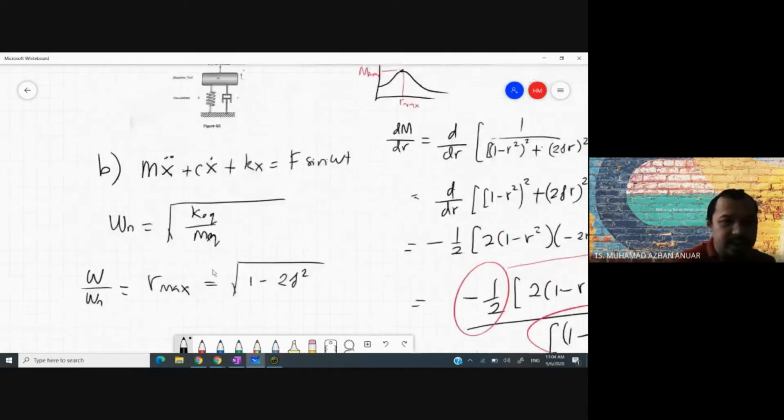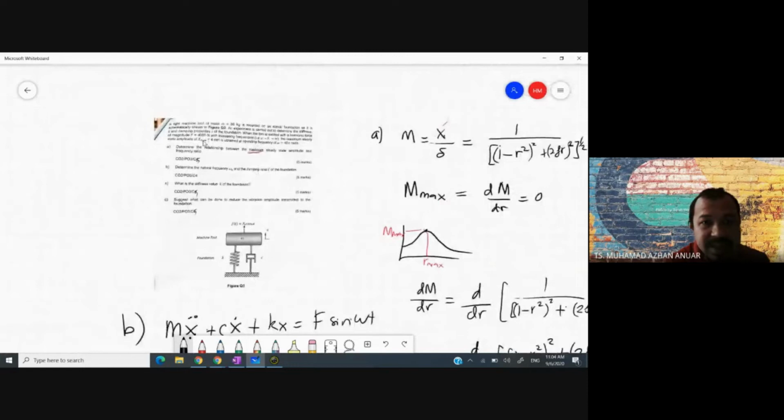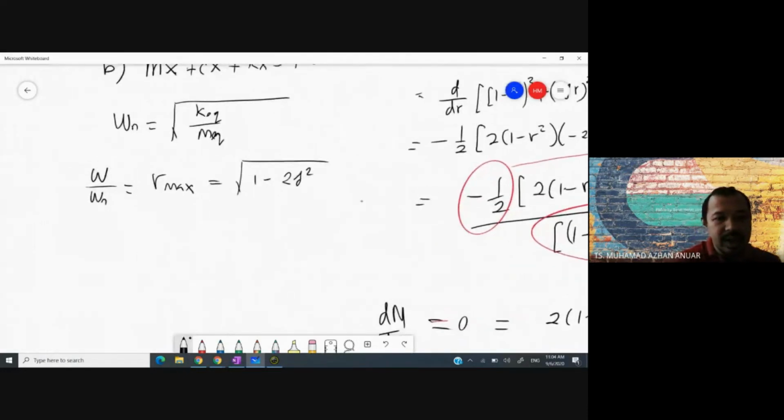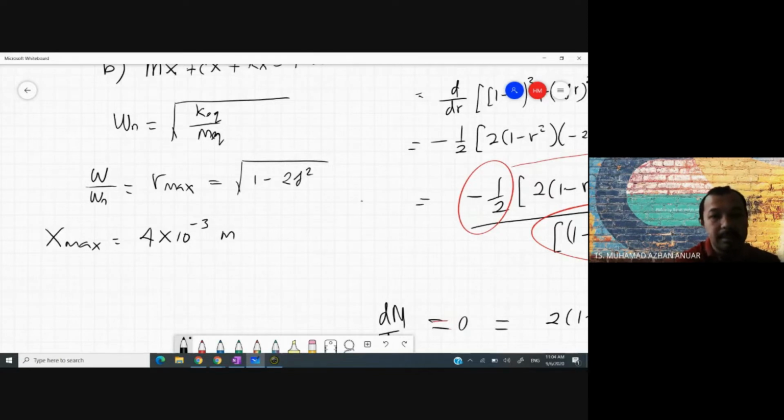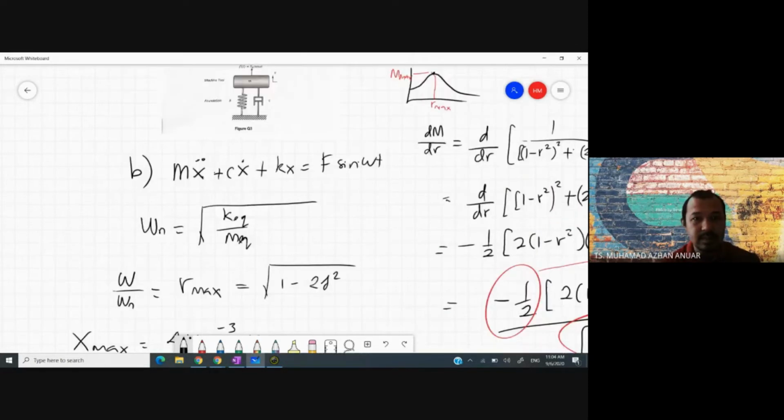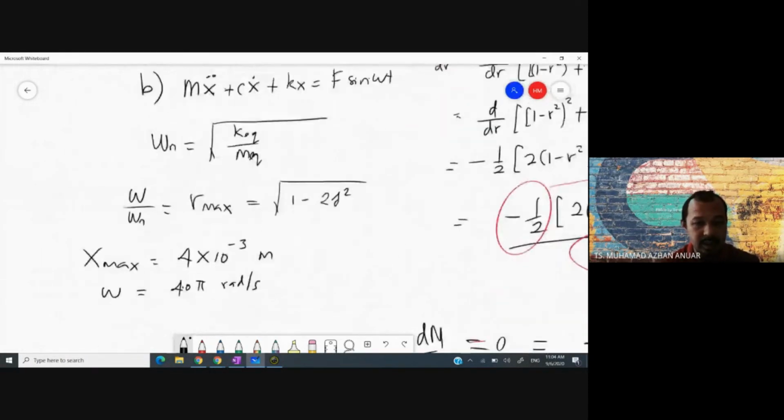It is given in this question that the maximum amplitude is 4 millimeter at omega of 40 pi. So our X max is equal to 4 times 10 to the power of minus 3 meter, and our omega is equal to 40 pi radian per second. So that is our frequency.